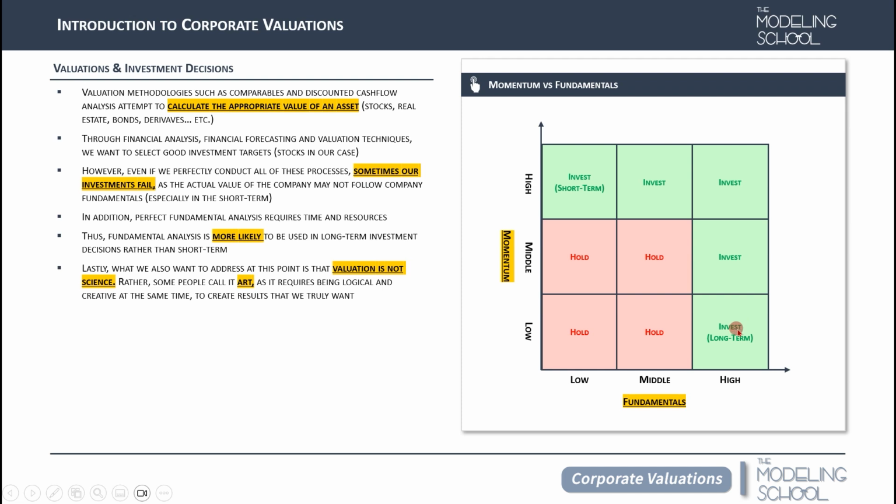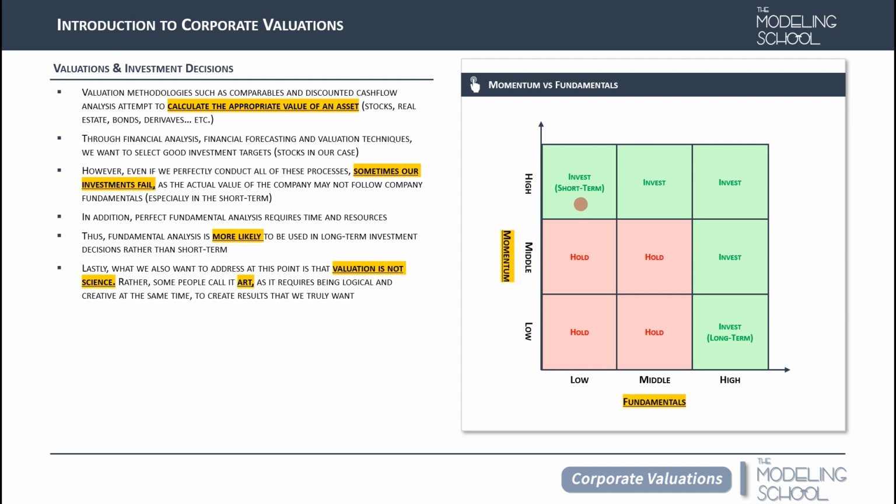Of course, if you have exceptional skills or luck, you might be able to time your purchase perfectly, but that's not easy. That is why fundamental analysis is not only useful for short-term investments, but is even more impactful for long-term investments, where time allows the intrinsic value to be realized. On the other hand, there are cases where a company with poor fundamentals, what we sometimes call junk stocks, experiences a soaring stock price.